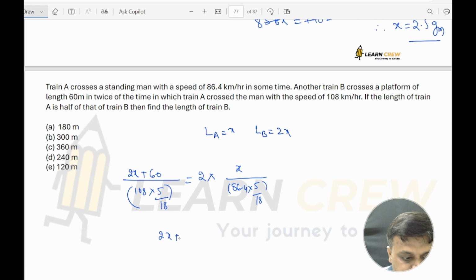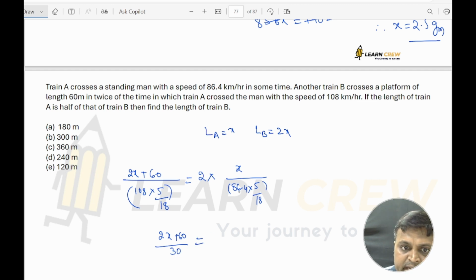2x plus 60 divided by how much? Here we need to simplify. 2x plus 60 divided by the speed, which in meter per second is 108 into 5 by 18, that is 30.